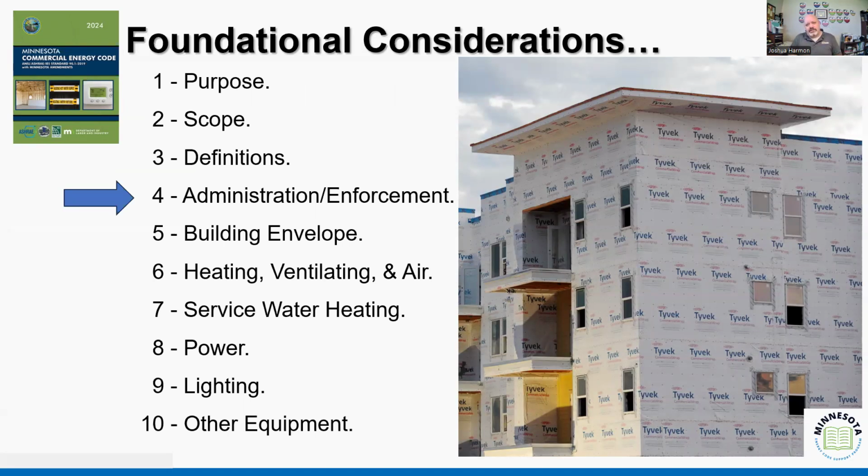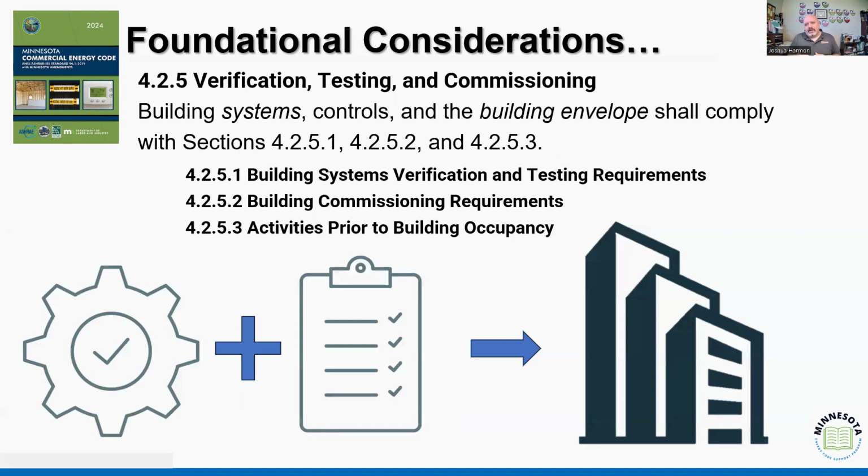If we look at the energy code as a whole, how does it get into this question of how we administer the code? We see that in Section 4. Section 4 gives us a lot of information on how we're to administer the code. And in Section 4.25, the concept of verification, testing, and commissioning is brought up, right? We understand that it incorporates the systems, the controls, and the envelope, right?